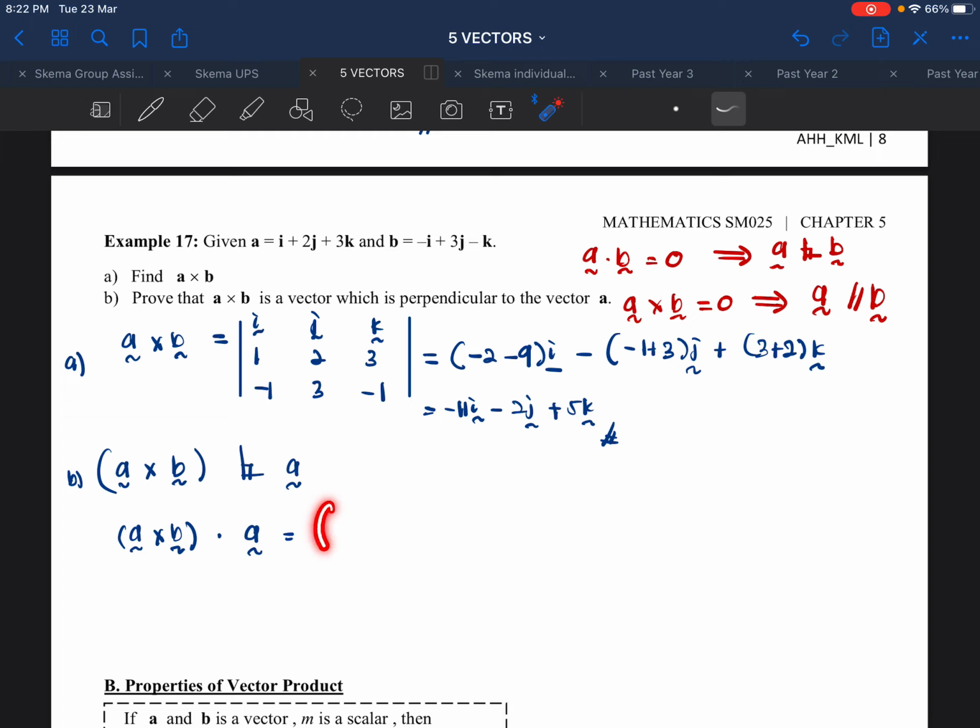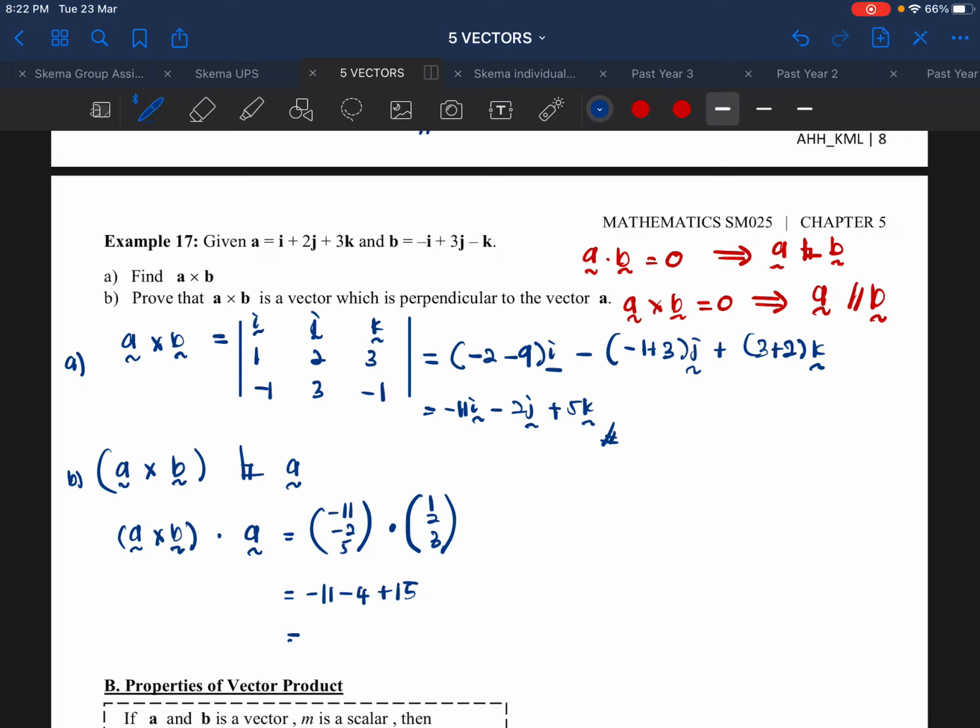So, kita letak dalam column matrix lah. Kita ada negative 11, negative 2, 5, dot dengan A. A is 1, 2, 3. Okay, so kalau kita selesaikan sini, kita ada negative 11 minus 4 plus 15.